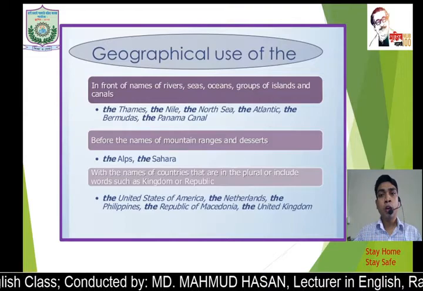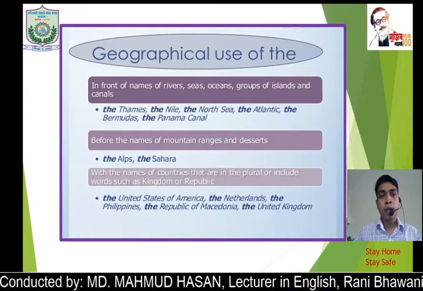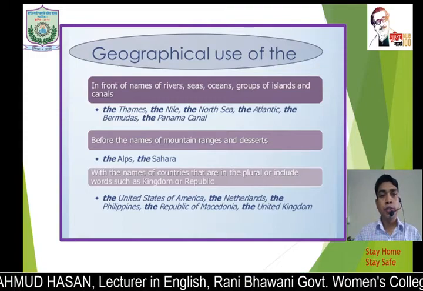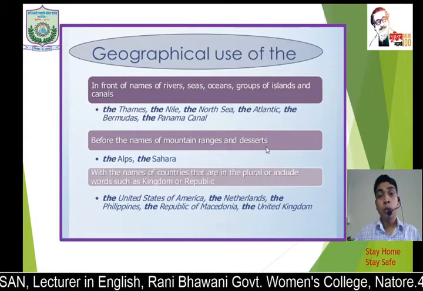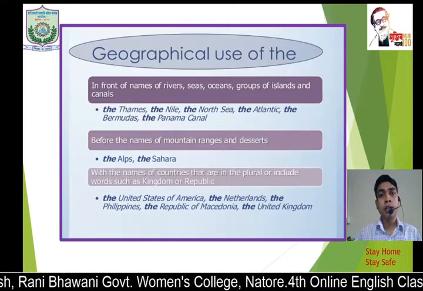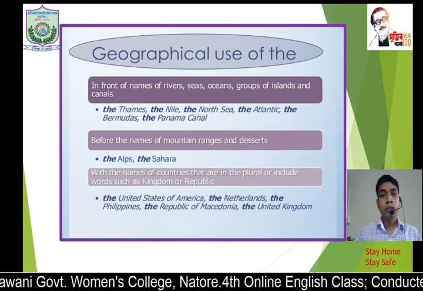Geographical use of the in front of names of rivers, seas, oceans, groups of islands and canals. We use the.